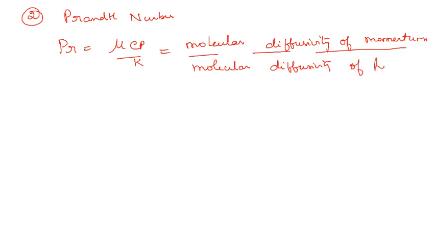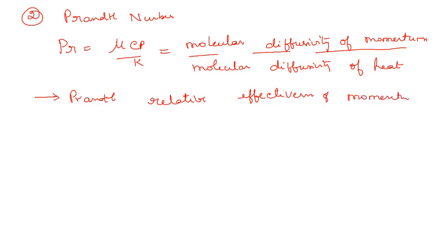The kinematic viscosity indicates the impulse transport through molecular friction, whereas thermal diffusivity indicates the heat energy transfer by the conduction process. So the Prandtl number helps us measure the relative effectiveness of momentum and energy transport.